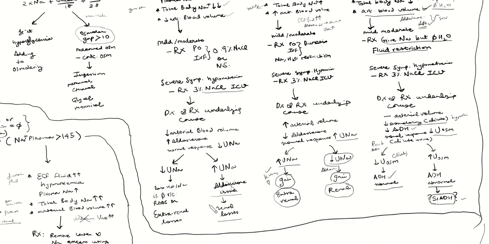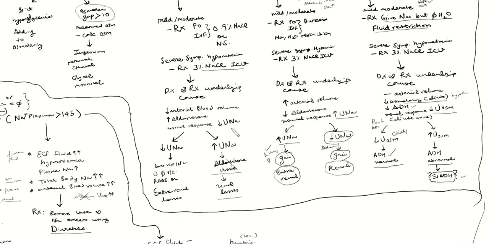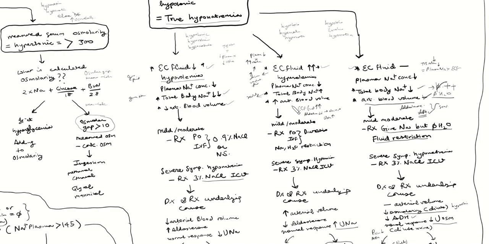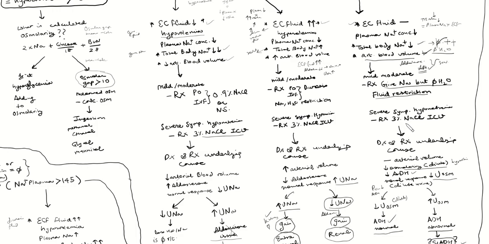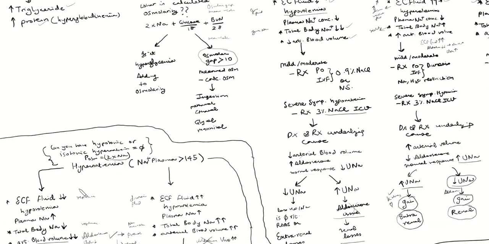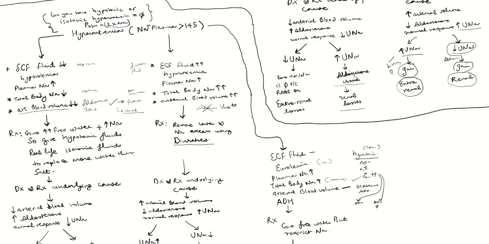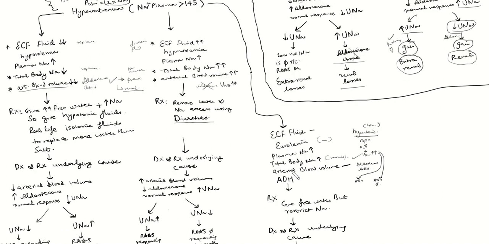And then how do we diagnose it? Based on aldosterone for hypovolemia and hypervolemia, and ADH for euvolemia. We use the same exact principles for hypernatremia, with hypovolemic hypernatremia, hypervolemic hypernatremia, and euvolemic hypernatremia.